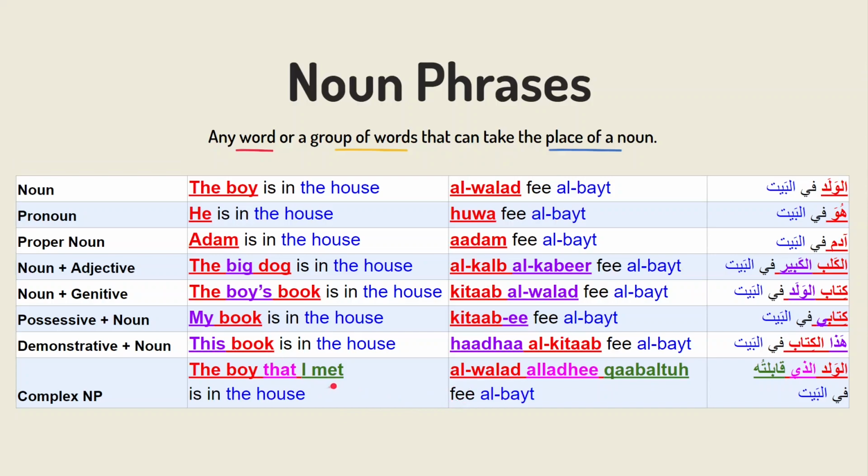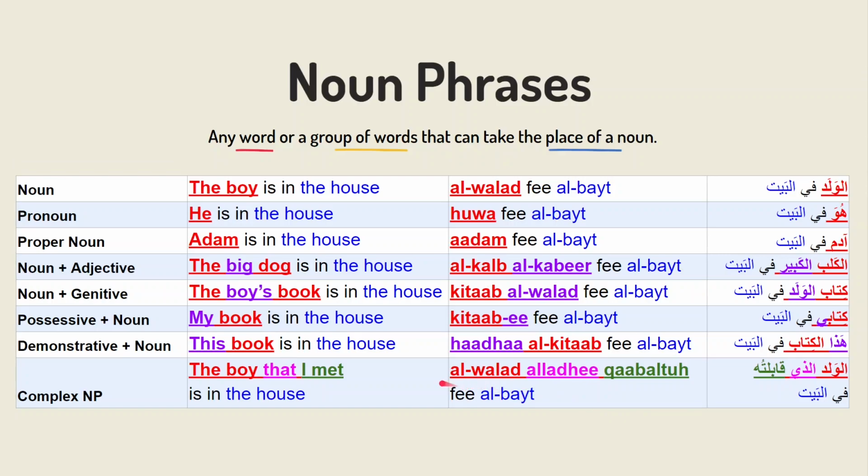So the boy that I met, الولد الذي قابلته. And here you notice the word that, which is الذي, and you can also find it in the video about al-asma al-mawsula or relative pronouns. And then قابلته, it's the verb قابل, and it's conjugated with the pronoun I and with the object position him.